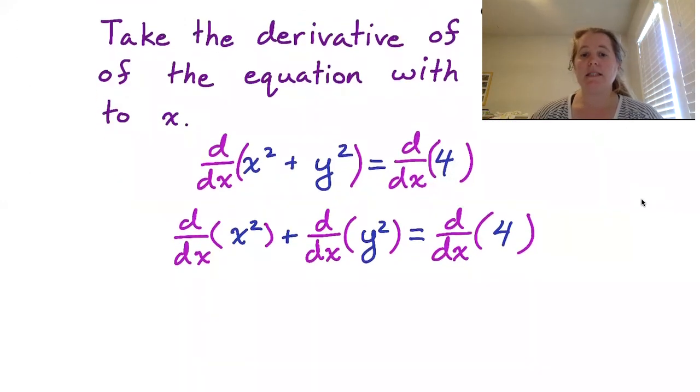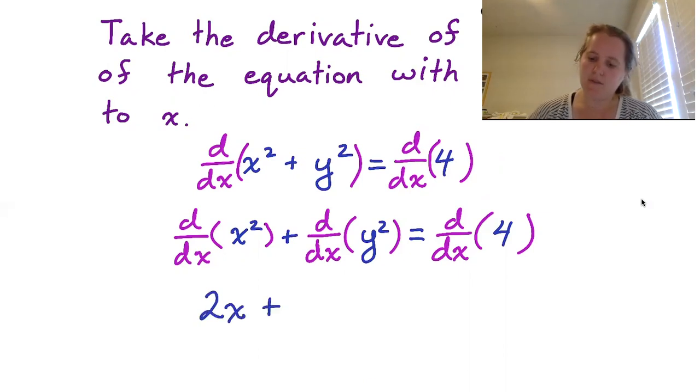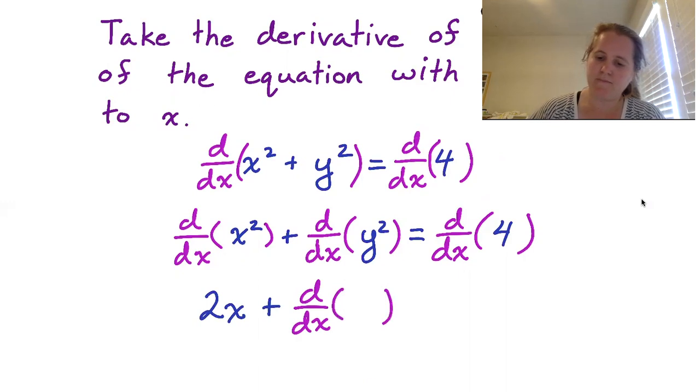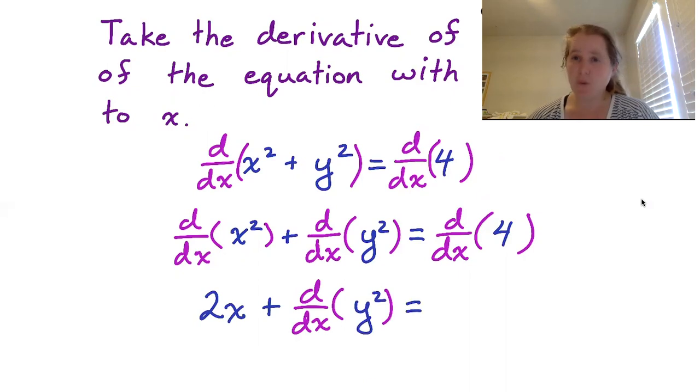And so we can easily take those two derivatives on outside, the x squared and 4. We know the derivative of x squared with respect to x is just 2x. I'm going to leave the one with a y as the derivative with respect to x of y squared. And then the derivative of 4, that's the derivative of a constant, is just 0.